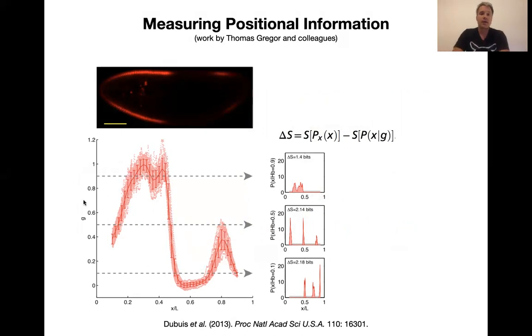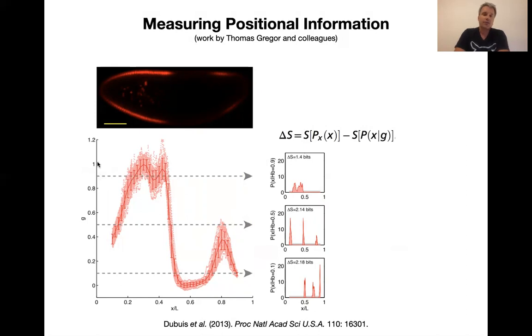So imagine that you're at a specific level of concentration here on the y-axis. That's just the distance from anterior to posterior in percent. Imagine that the cell is reading this concentration here.